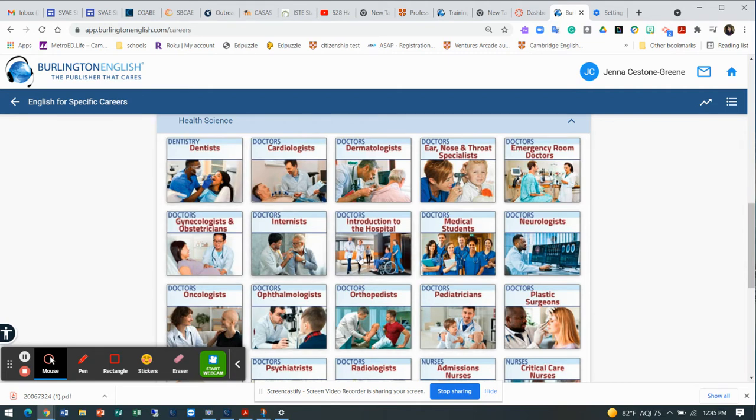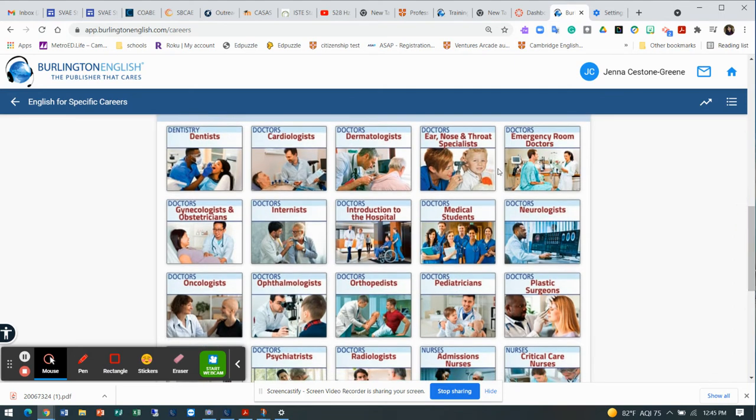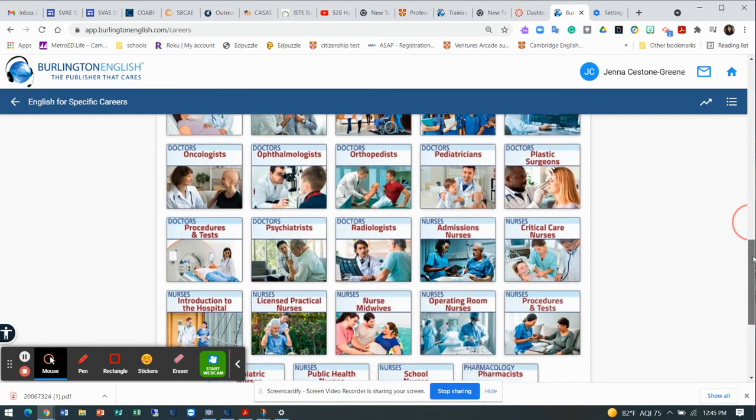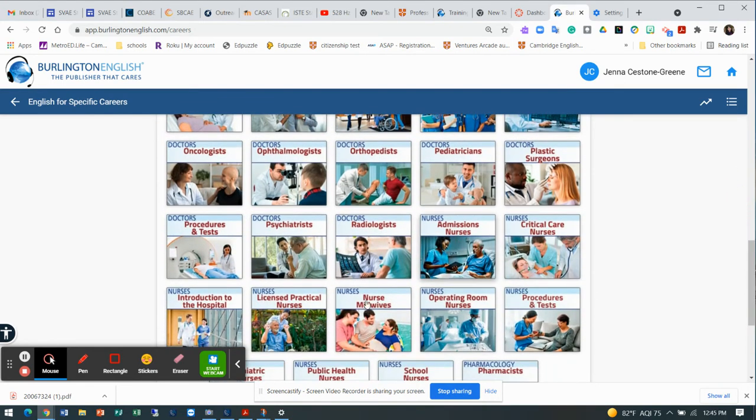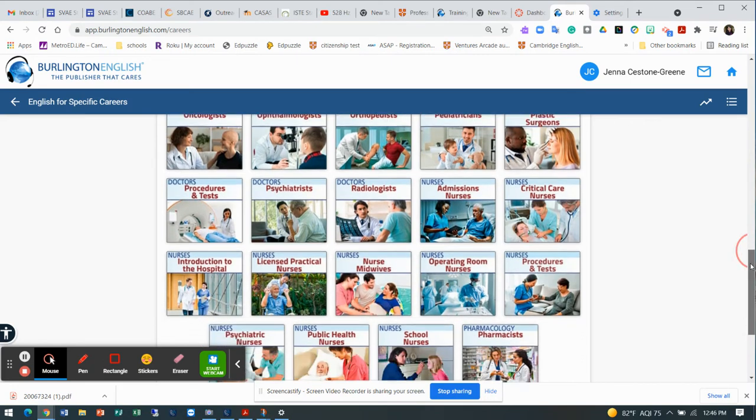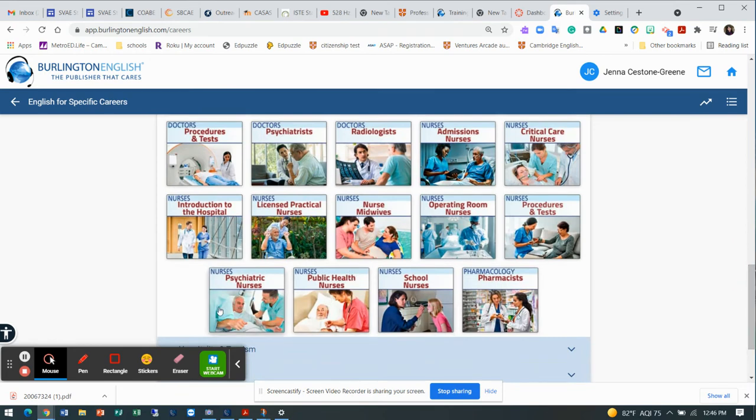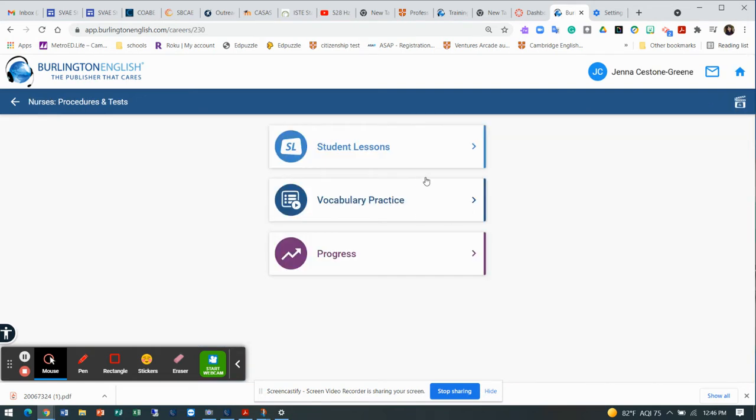So if I was a nursing student, I would really want to know all of these specialties. I would want to know the vocabulary associated with that.